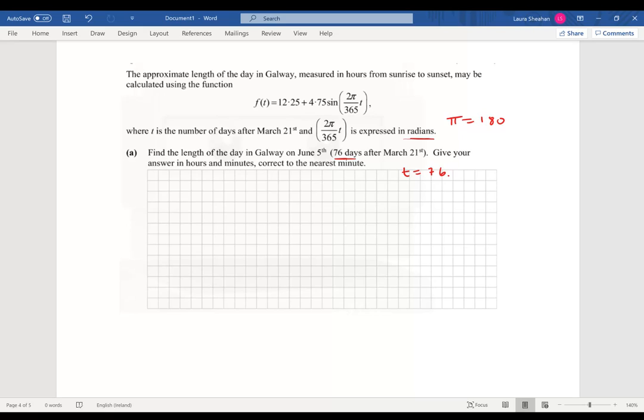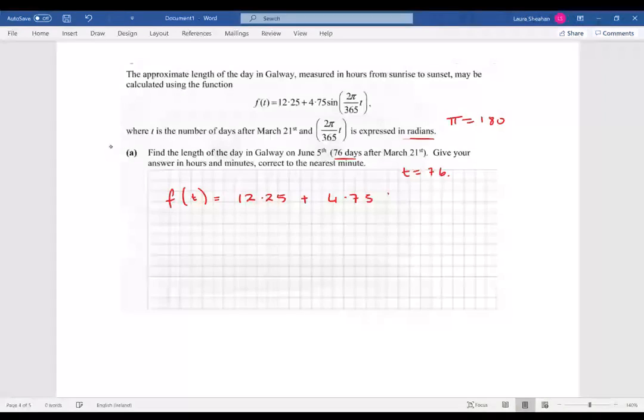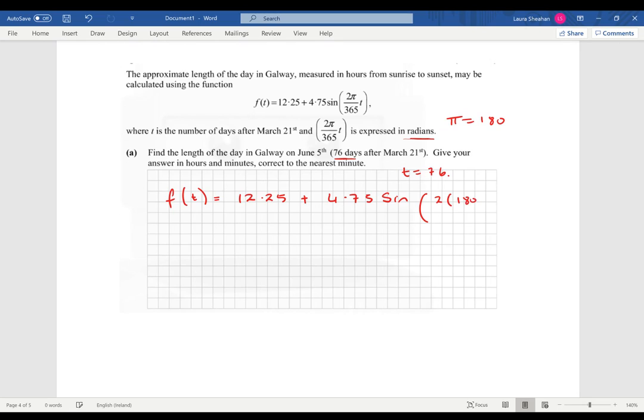So very simply, you have f of t is equal to 12.25 plus 4.75 sine of 2 times 180 over 365 times 76.